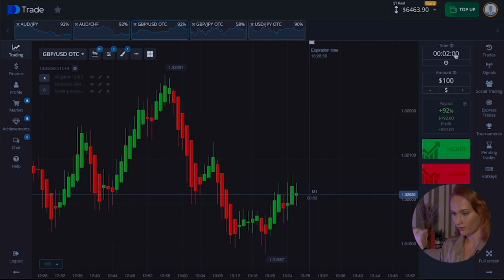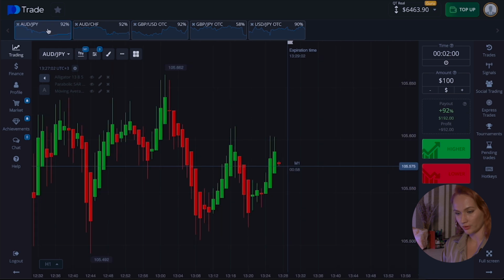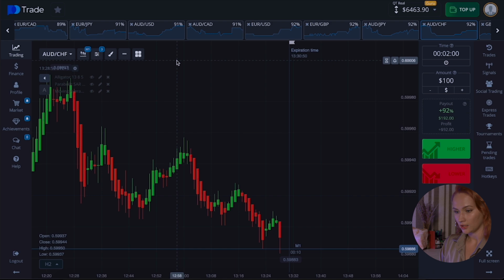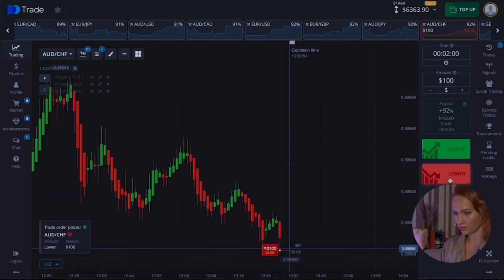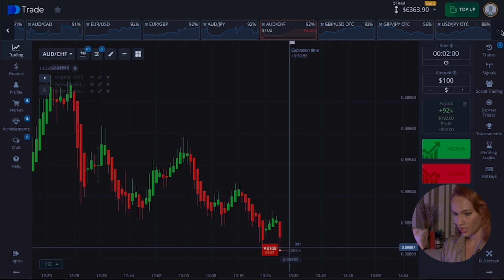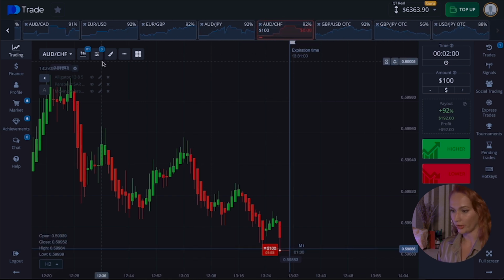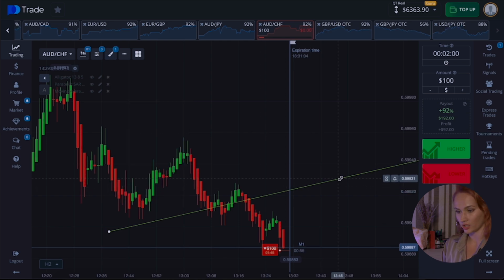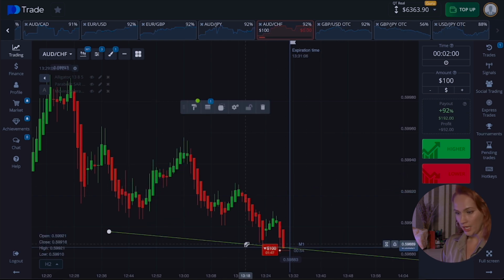Let's look at what we have here. We're going to be using several deals as an example. I take deals for 2 to 3 minutes. Let's start with $100. Have a look at this first currency pair. Let's try to open a sell deal with the AUD-CHF currency pair.